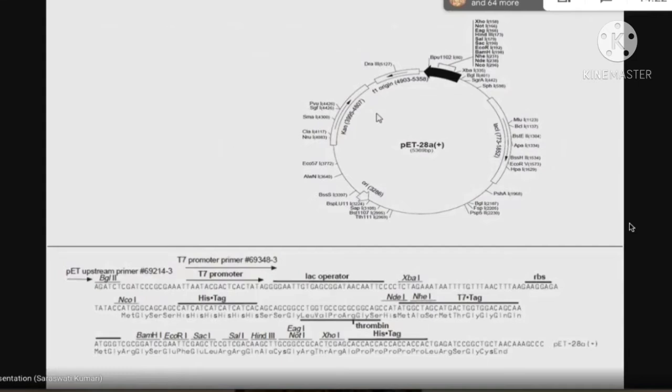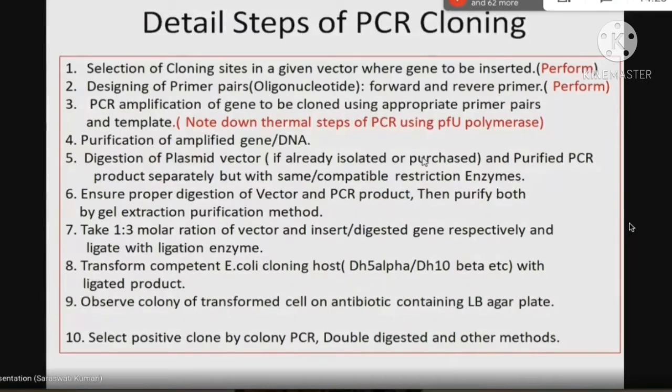So this is the usual expression vector we use. Now we are talking about the detailed steps of PCR cloning. How can we clone our desired gene if the sequence is known? You remember the first condition, na? If the sequence is known and you have a template available, then you should do PCR cloning.